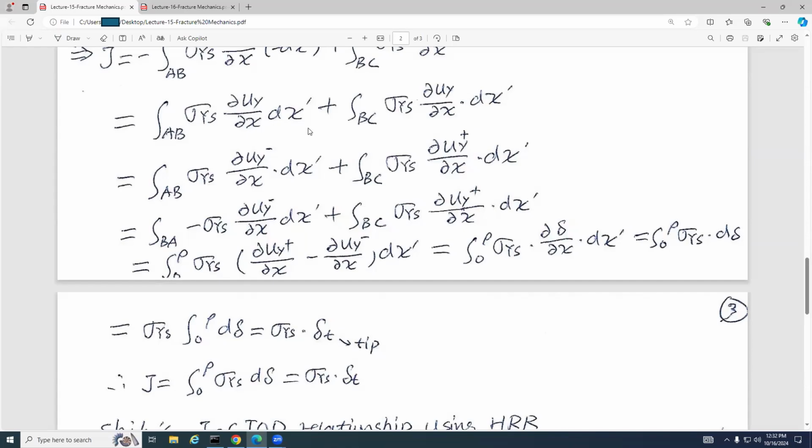Okay, so then you can see here, sigma ys is the yield strength, and we just take it out. And the integral is from 0 to rho, where rho is the distance from here to here. This is rho. And it equals delta T at the tip.